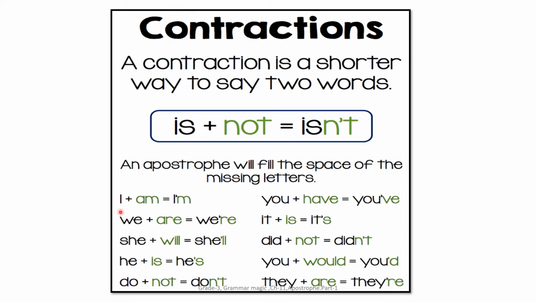For example, I plus am. How will we write in short? I'm. We plus are equal to we're. She plus will, she'll. It indicates she will.